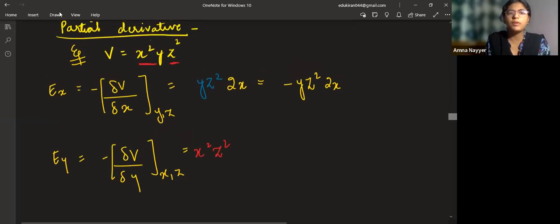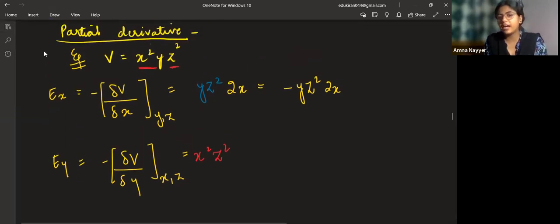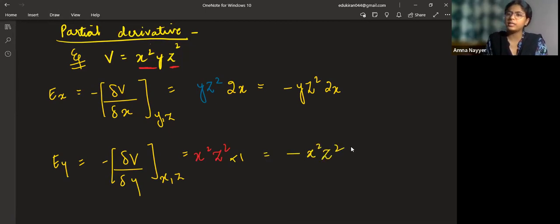What is left now? Just y. If you differentiate y, dy over dy will become 1 only. So the answer will be minus x square z square, because dy over dy is 1. So minus x square z square will become as it is.